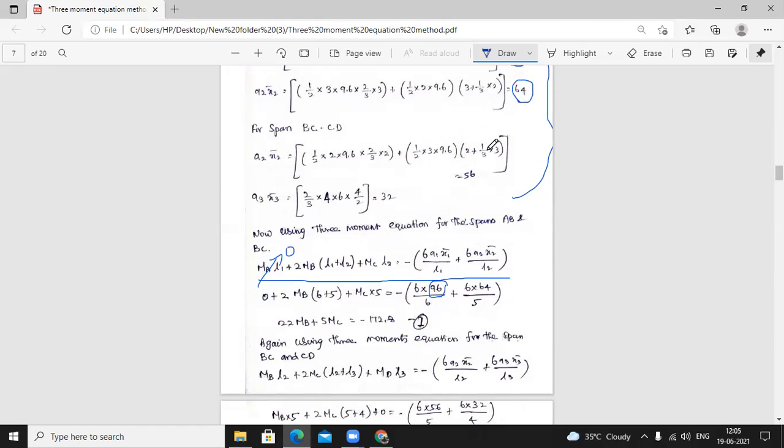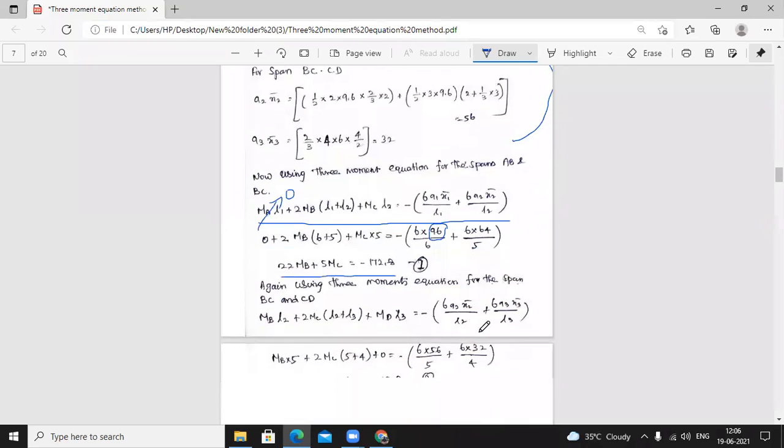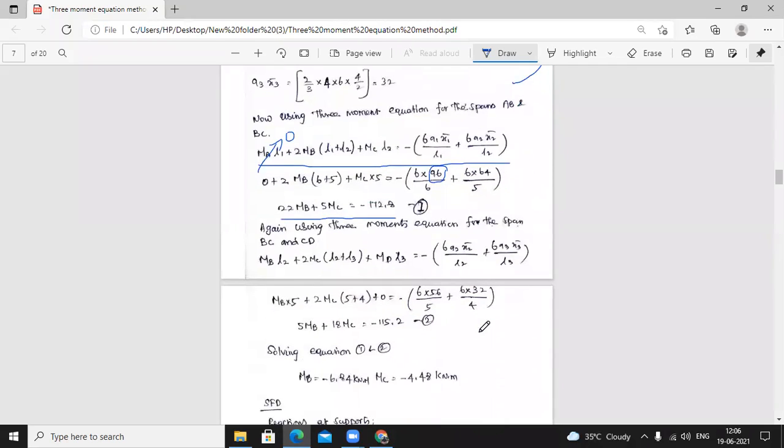So now substitute A2 X2 bar 64 meter, divided by L2. L2 is 5. So therefore, the first equation is 22 MB plus 5 MC equal to minus 112.8.